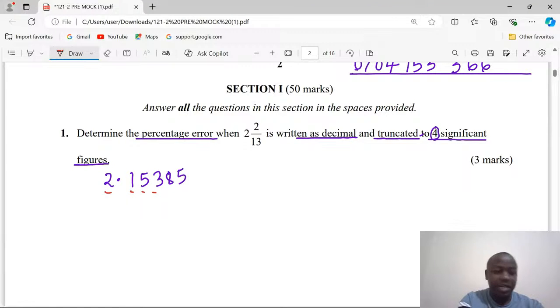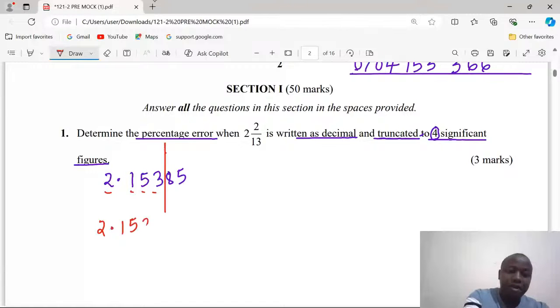So the 4th significant figure is 3. Even though after 3 there is a 5, we are just going to truncate up to that point. So we're going to work with 2.153. That is the meaning of truncation now. 3 is not increased, even if the number after that is greater than 5. That is the meaning of truncation to 4 significant figures.